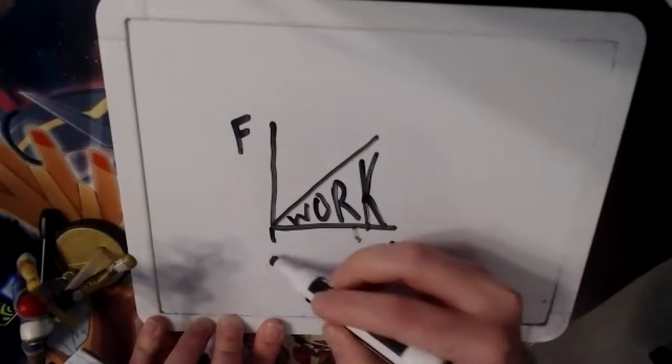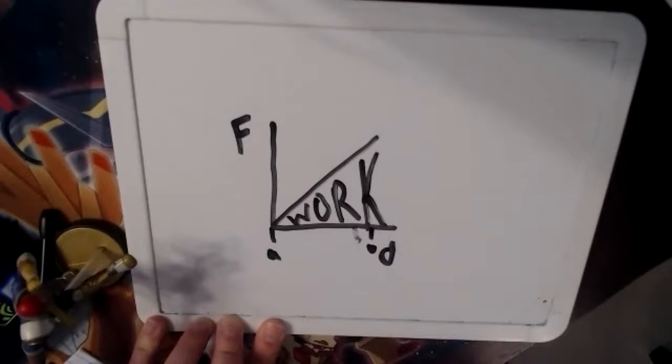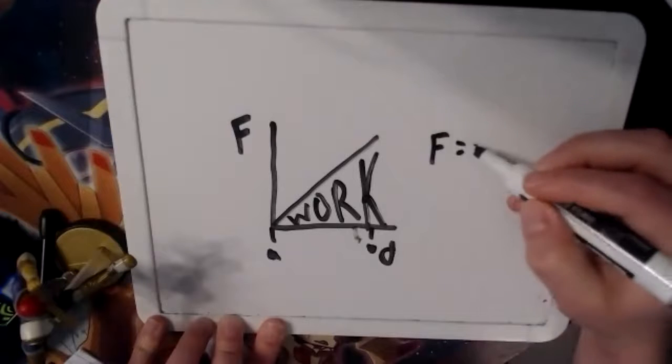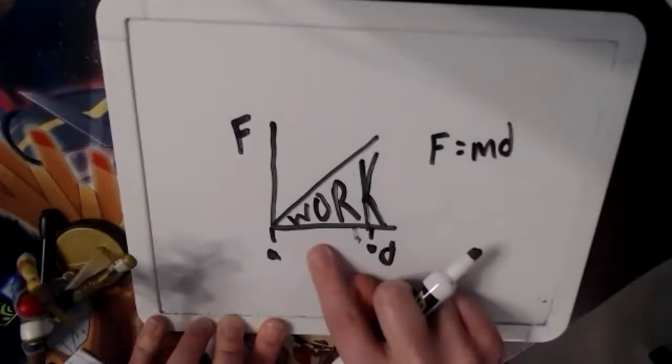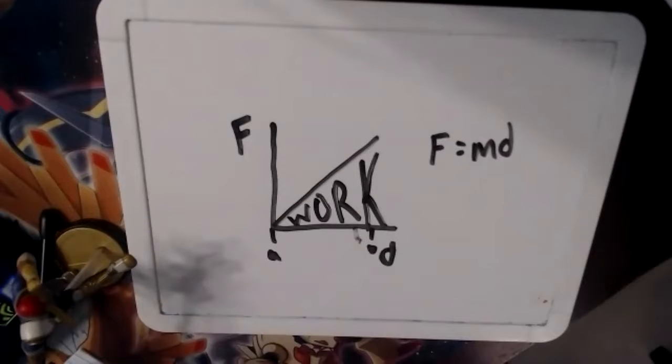So you could say from A to B, and then have your force as a function of distance, and that looks like some slope, where m is the slope, and if you take the area underneath this curve, you would find the work done on it.